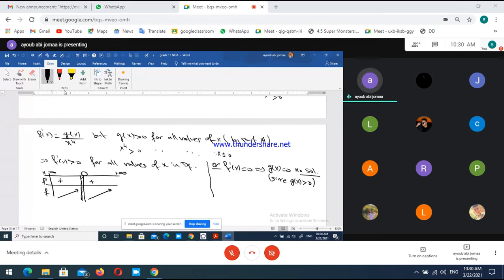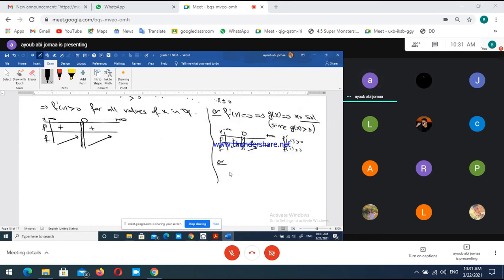No solution means we have no roots of f prime, so we have only 0. We put here 0, f prime, and then f; take values of f prime at -1 and at 1, which will be positive. So you write positive, positive, increasing, increasing.